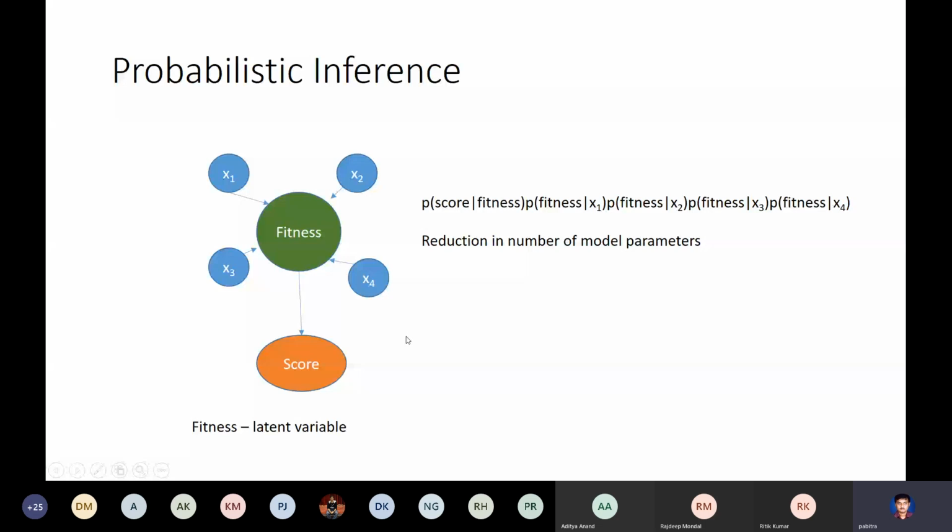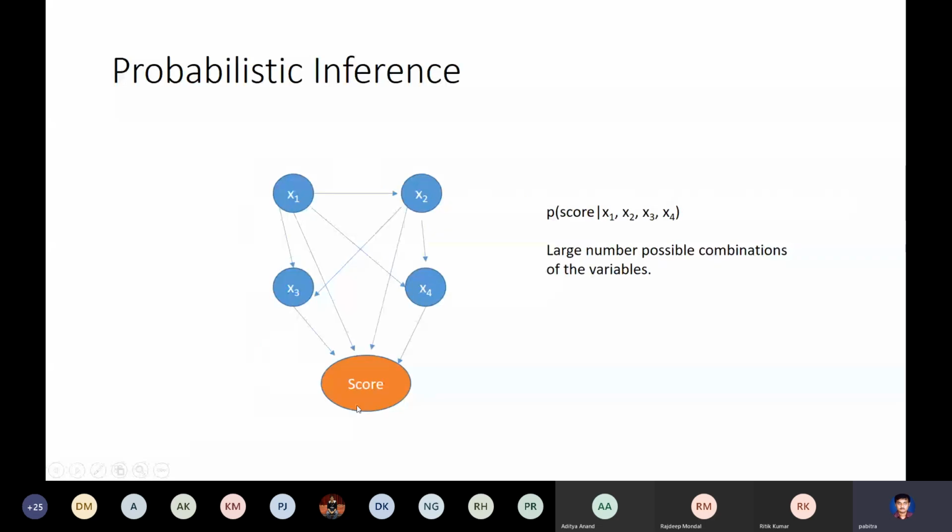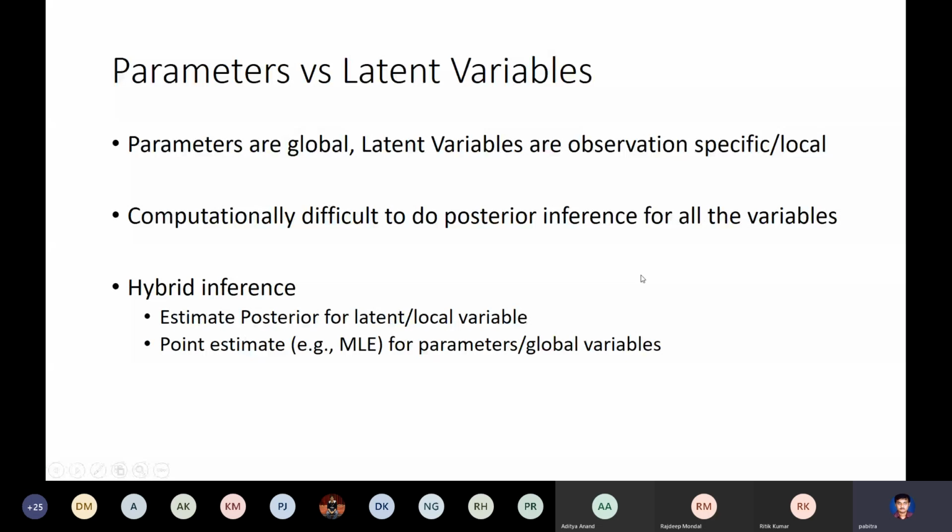We can have this fitness as a parameter, and have several, say, Gaussians, where this fitness is one of the Gaussian parameters. It turns out that there is a thin line between what is a parameter and what is a latent variable, because parameters are also unobservable, they are estimated. Okay, there is a thin line. What is a parameter? What is a latent variable?